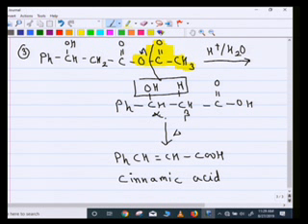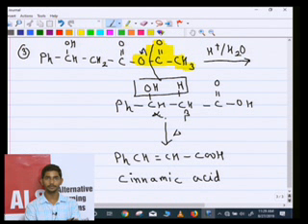Now again, look at these three steps and quickly tell me, does anybody have any doubt regarding this mechanism?